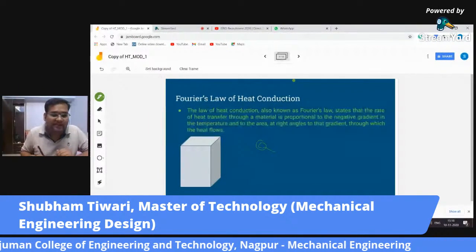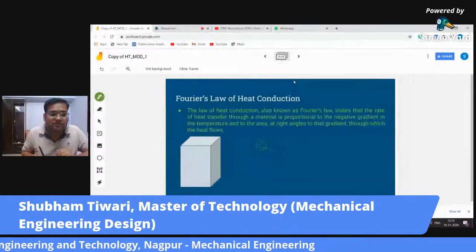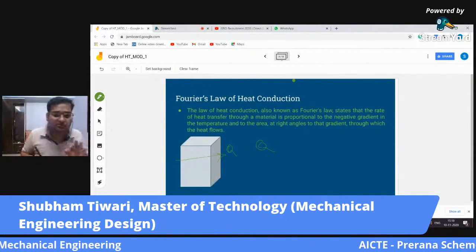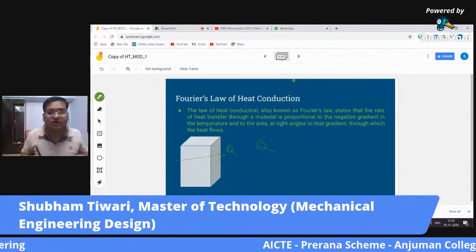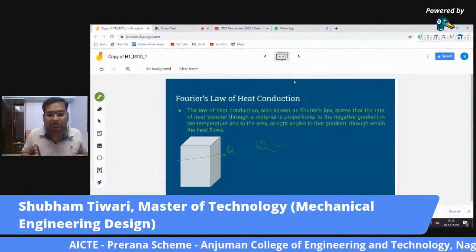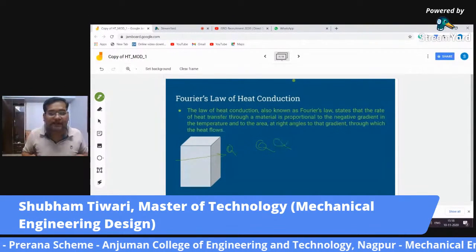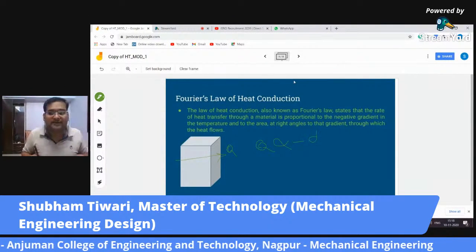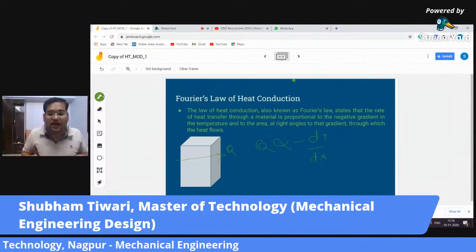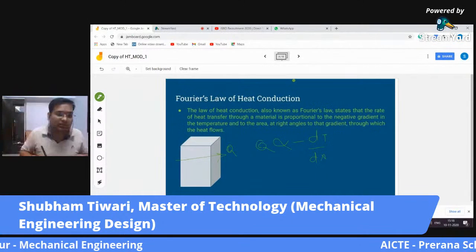Now, we have a slab here. If Q is the amount of heat passing per unit time through this wall, then according to the heat conduction law this heat transfer is proportional to the negative gradient in temperature, minus dT by dx. So this is the temperature gradient. What is temperature gradient?